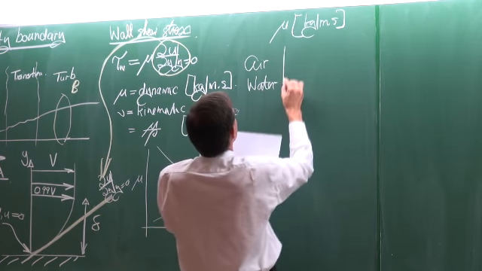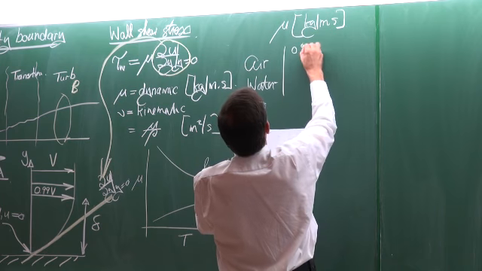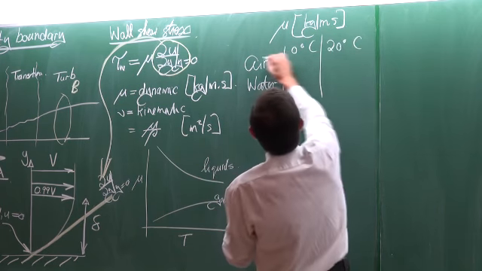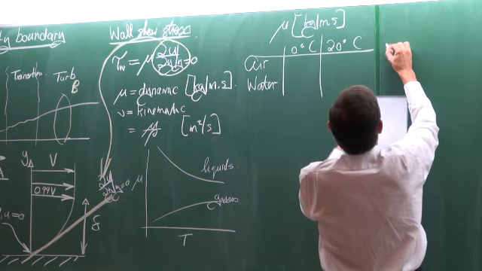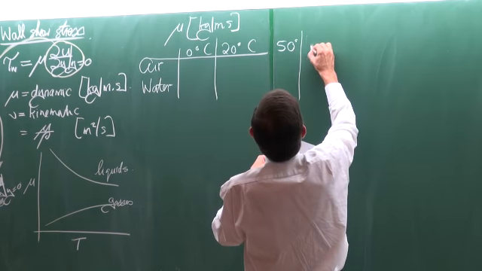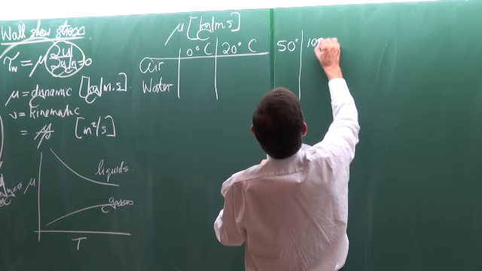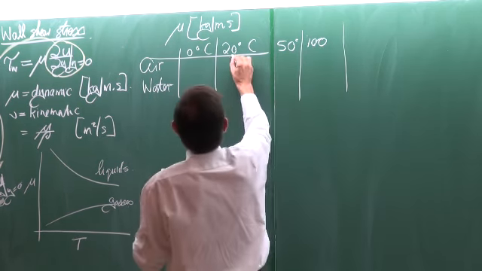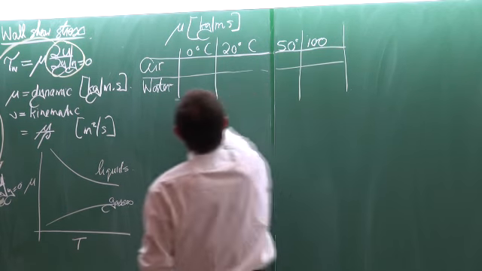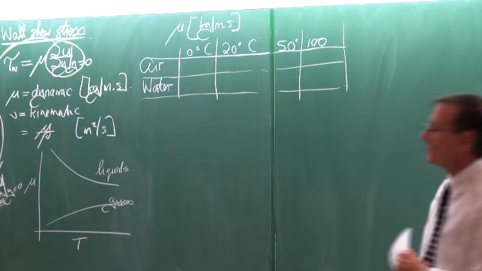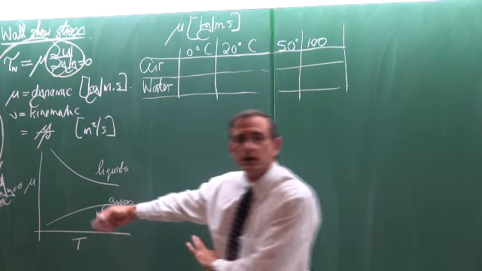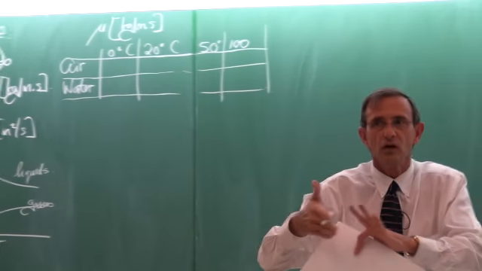Let's take air and water, and we're going to do it at temperatures of 0, 20, 50, and 100 degrees Celsius. Specifically now in terms of what I've shown you here, how does it change as a function of temperature?